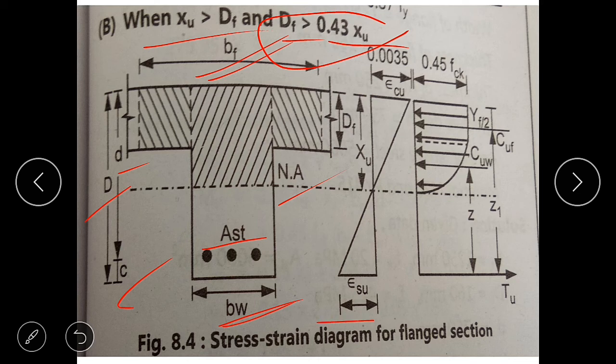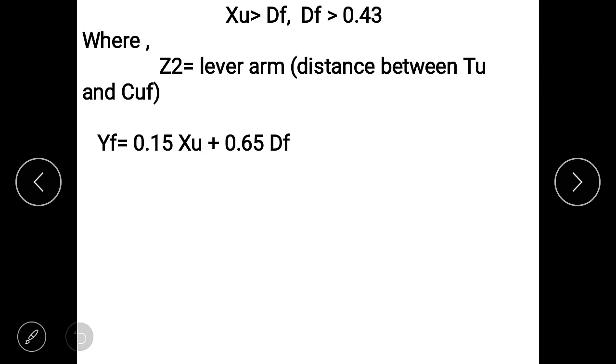So here the stress block diagram and strain block diagram are both given. Cuw acts at Z and Cuf acts at Z2, and Tu is here. Here one formula is added, yf divided by 2. What is the formula to calculate yf?